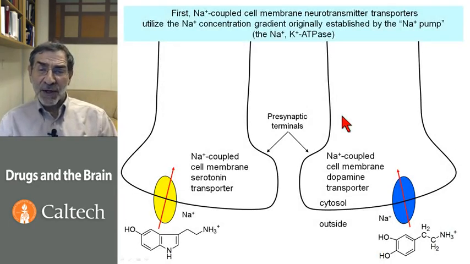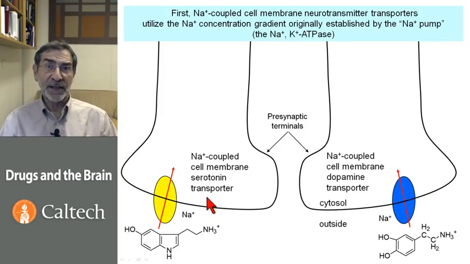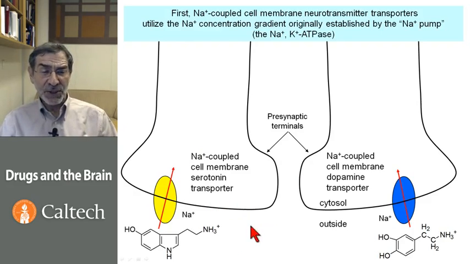First of all, let's talk about how neurotransmitters get into presynaptic terminals. Of course, sometimes they are made in presynaptic terminals. But in addition, after they are released into the synaptic cleft, sodium-coupled cell membrane neurotransmitter transporters utilize the pre-existing sodium concentration gradient that was originally established by the so-called sodium pump.